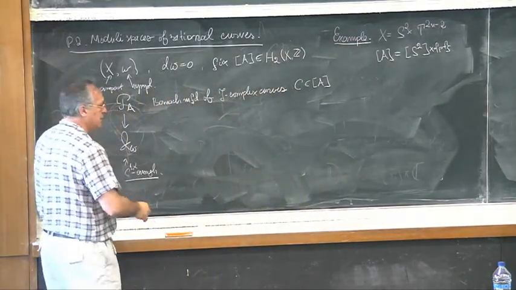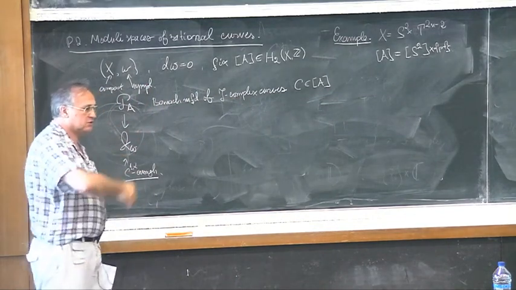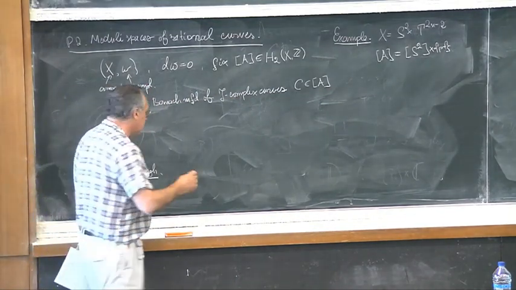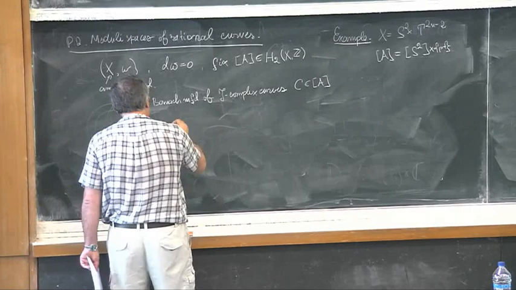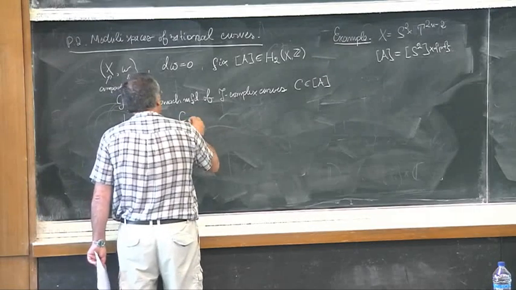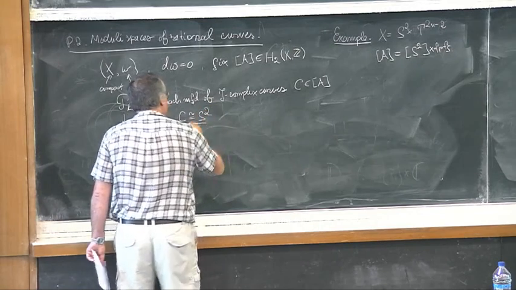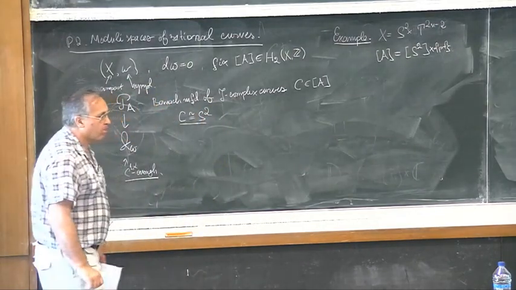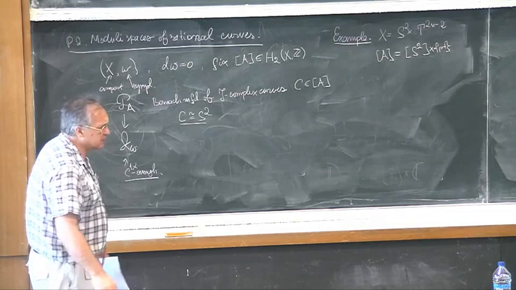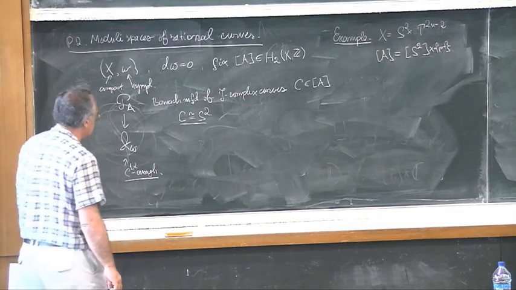So for every J, we consider all J complex curves. And one more thing, C are diffeomorphic to the sphere. Only spheres. Well, it's not necessary in general, but we consider only spheres.